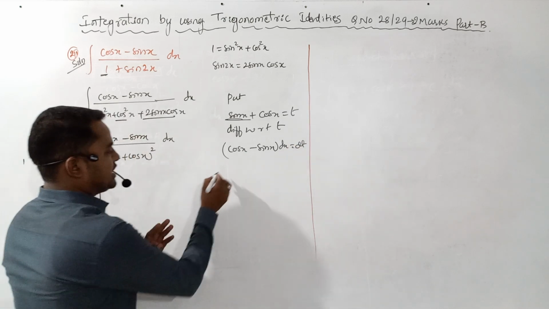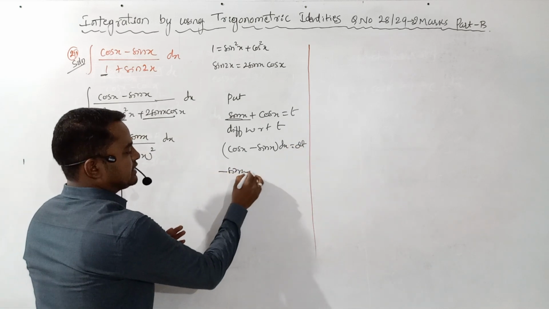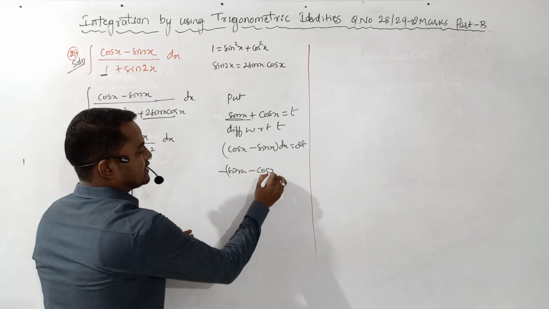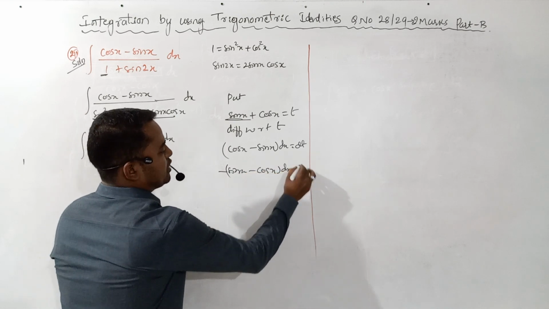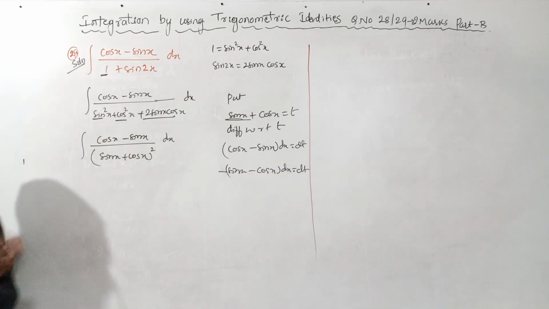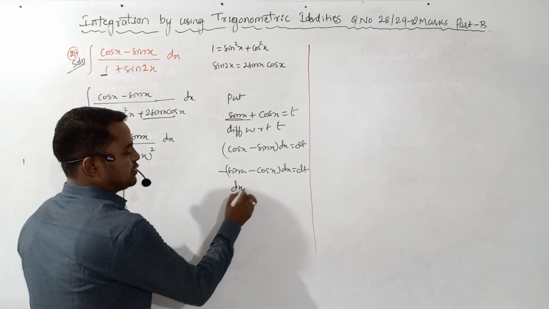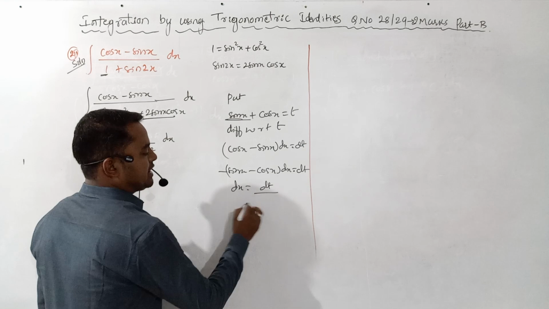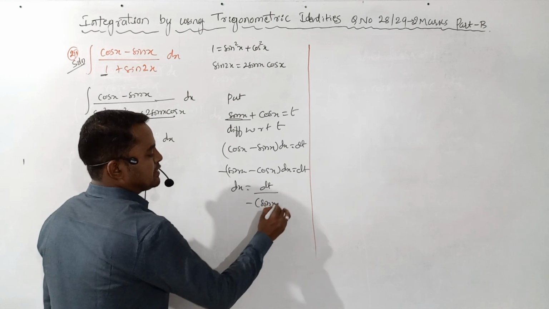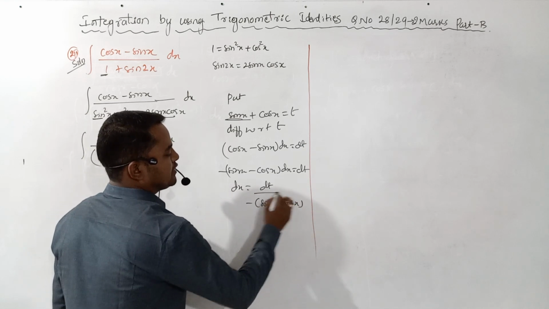Now I am writing minus sin x and minus cos x dx equal to dt, by taking the minus sign common and reversing the terms. Now dx is equal to dt divided by (minus sin x minus cos x).